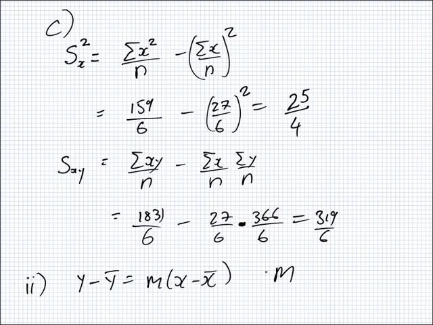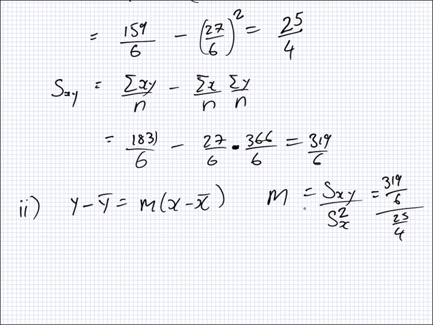Now I need to get my formula for the m again. Basically the two things they ask you to calculate. So that is 319 over 6 over 25 over 4. So what's that then?